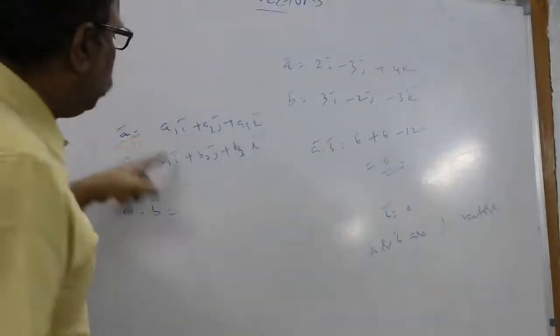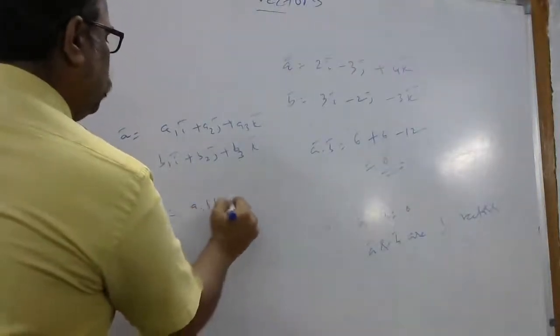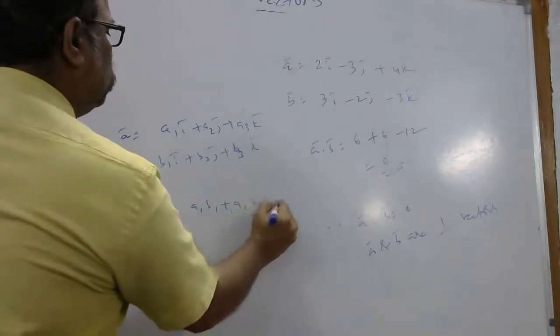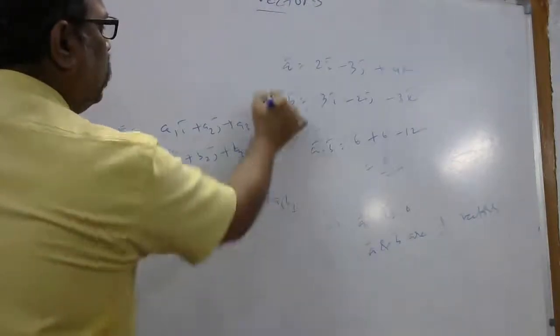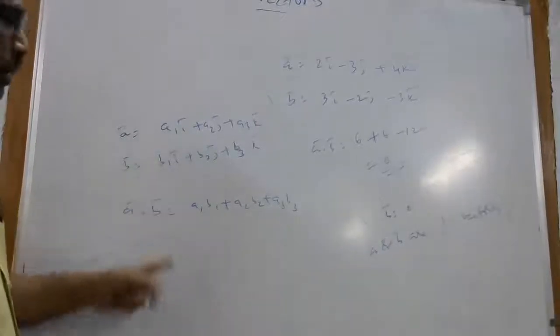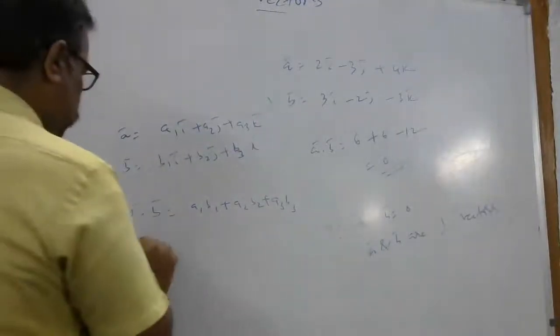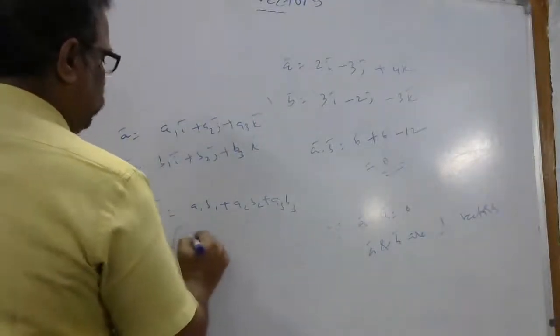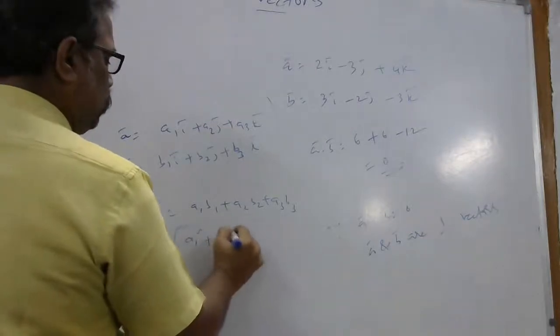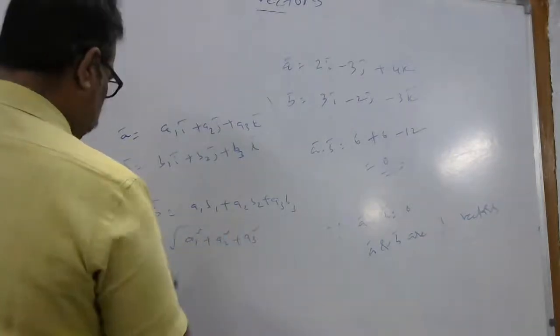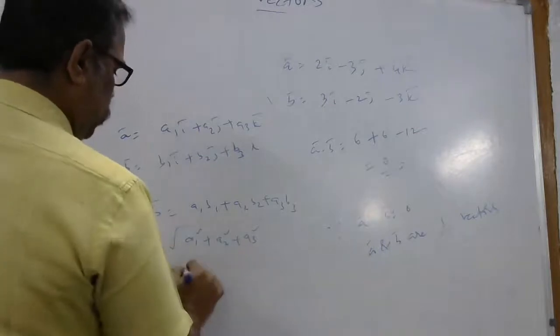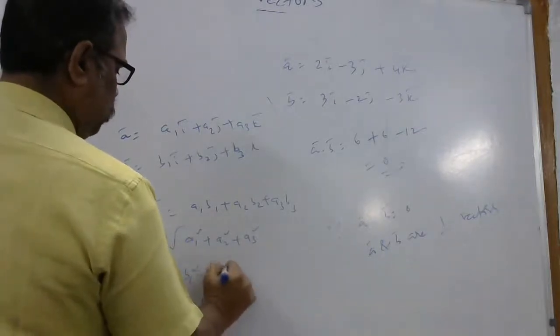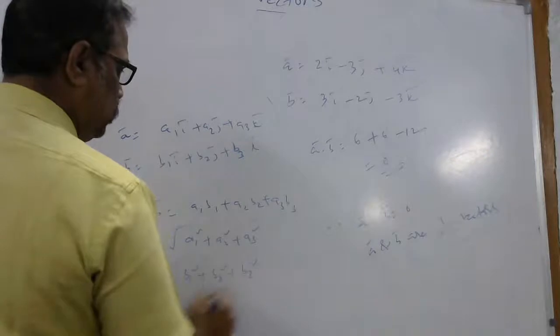Just multiply only like terms: A1 B1 plus A2 B2 plus A3 B3. Without numbers, this is the expression for A bar dot B bar. So mod A bar is root over A1 square plus A2 square plus A3 square, mod B bar is root over B1 square plus B2 square plus B3 square.